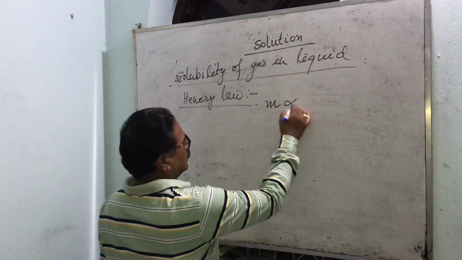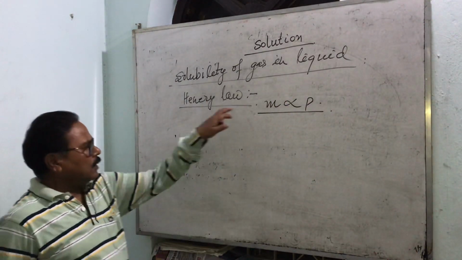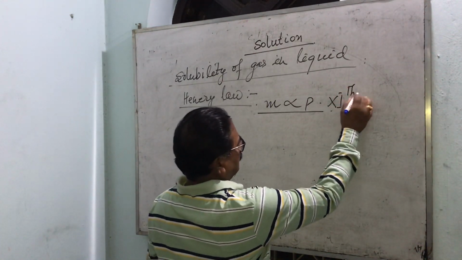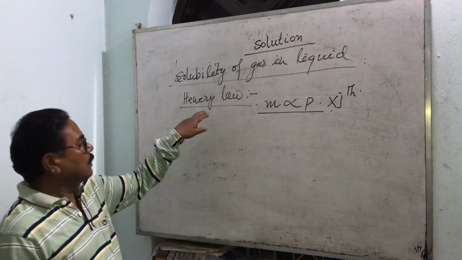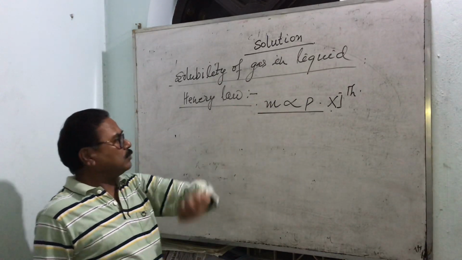So M is directly proportional to P. We already studied this in class 11th in the chapter on chemical equilibrium. The solubility of a gas is directly proportional to pressure.